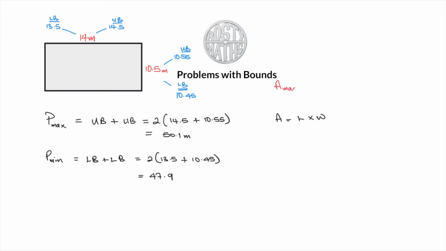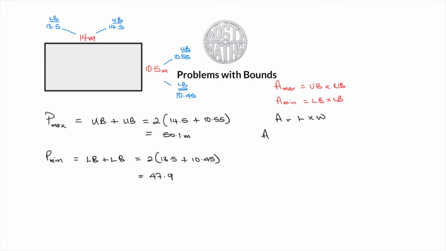So the area max will be multiply the upper bound times the upper bound. If you multiply the biggest numbers, you get the biggest answer. And if you want the minimum, then you multiply the lower bound times the lower bound. You can see where I'm going with this. So let's go and find the area max and the area min.